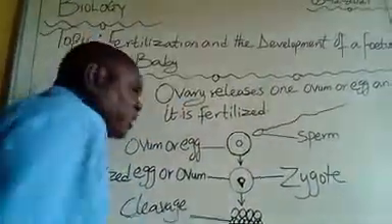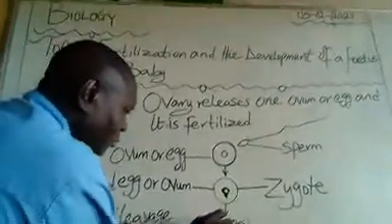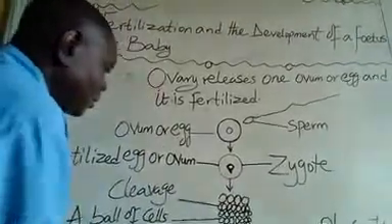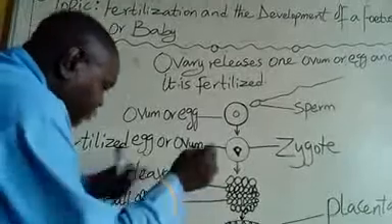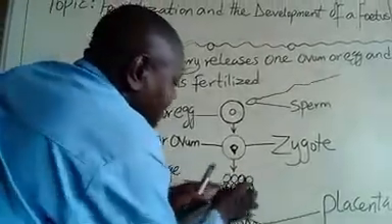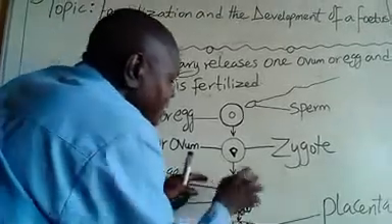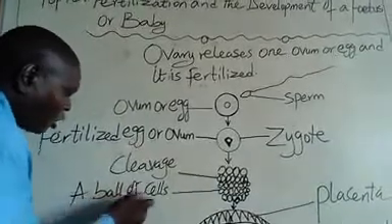It is geometric in nature. Alright? From here, we have what we call a ball of cells. All these cells you are seeing, we call them a ball of cells.